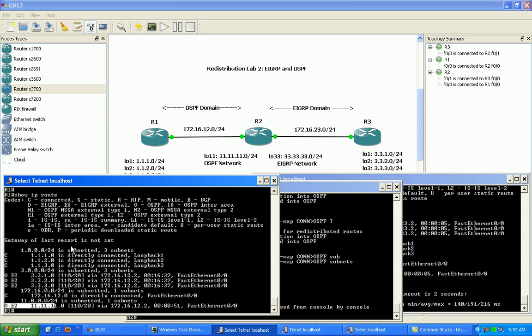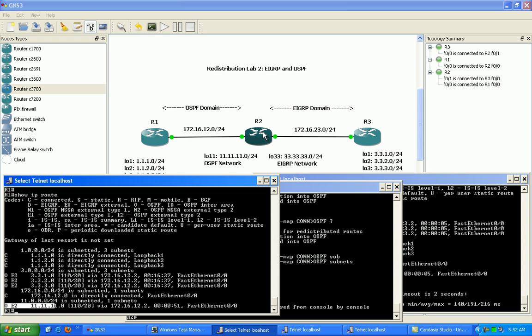So the reason this is occurring, because we have to remember when we redistributed the EIGRP routes into OSPF, what happened in the background within redistribution is the 23 network got redistributed in as well.